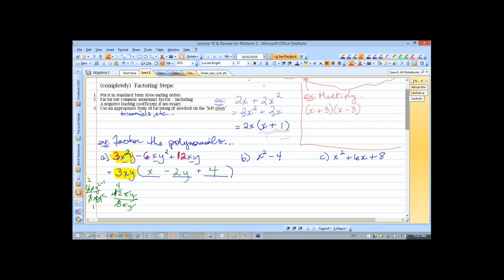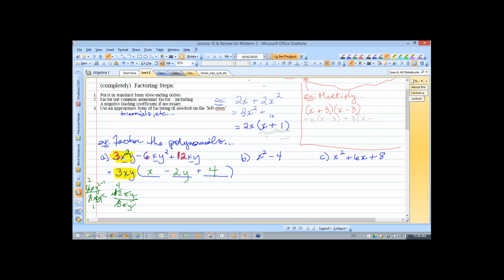Now, what did we do? When we went to multiply these 2 things, we could do it a couple of ways. You learned to FOIL, that was first, outer, inner, last. But we also learned to do this. We would go x, and I'm writing this in gray because this is the middle step that you would actually be doing. This is actually the long way of FOILing. It's the same thing.